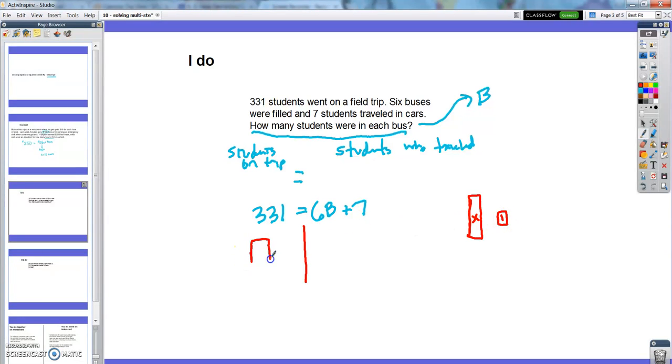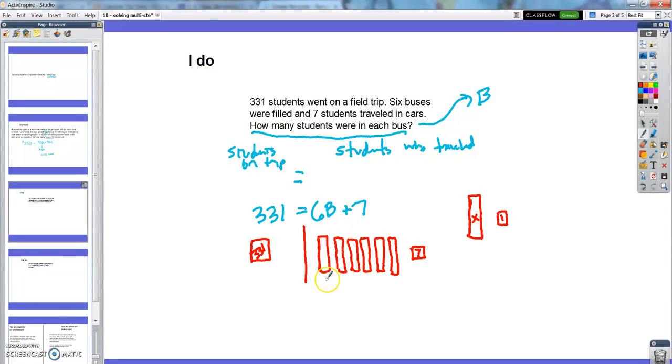I'm just going to draw a 331. So I can imagine it there. And then over here, I've got 6 of the variable blocks. 1, 2, 3. These are the buses, they even kind of look like buses. So I've got 6 buses that have some kids on it. Plus I've got these other 7 kids here.